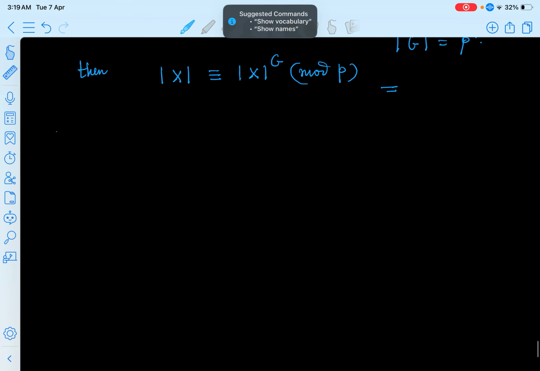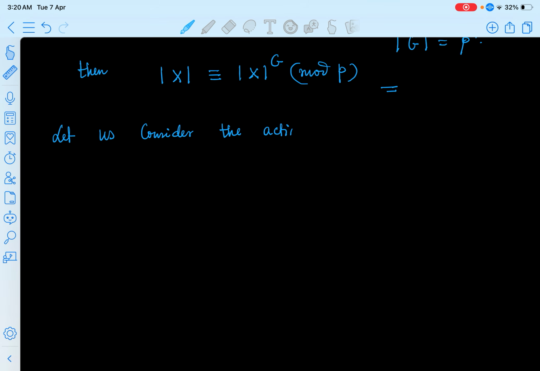So let us consider the action of Zp on p-cycles in Sp.